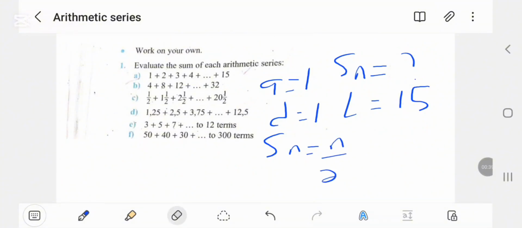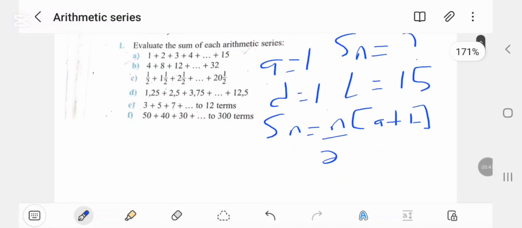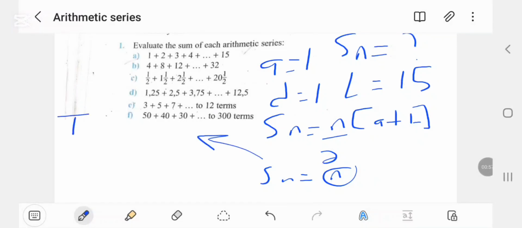n over 2, square bracket a plus l. This is not 1, this is l. So Sn is equal to how many terms? We have a problem. We don't know the number of terms. So let's first find the number of terms. We use the nth term, a plus n minus 1 times d.